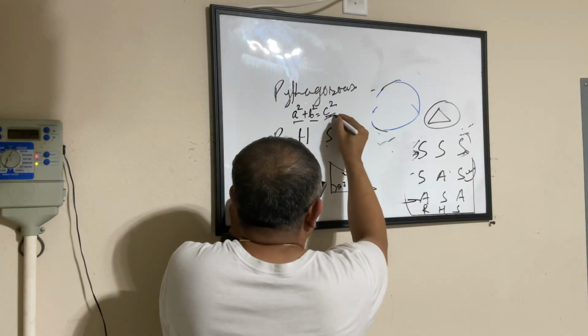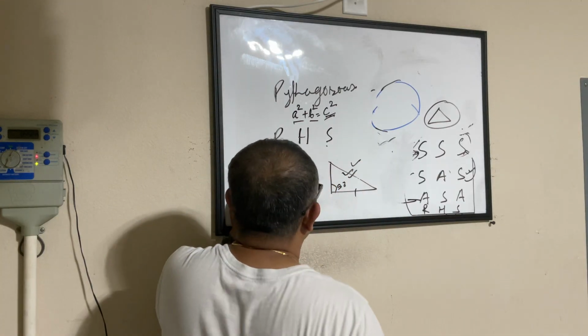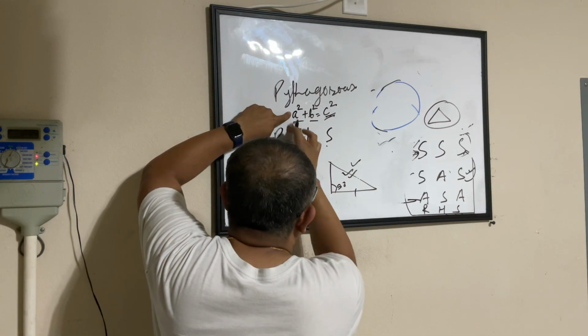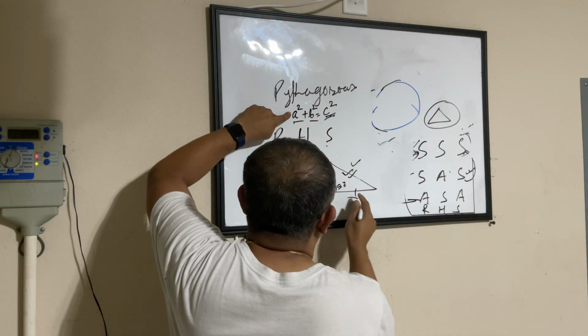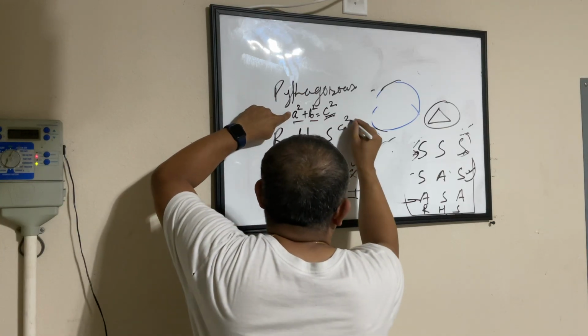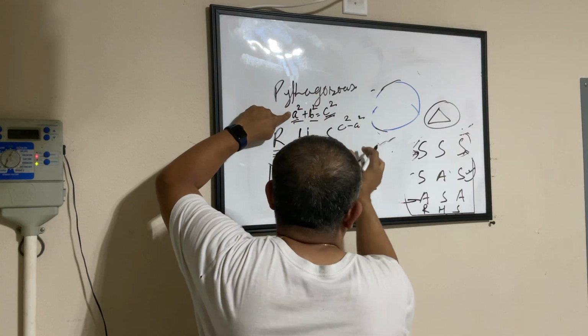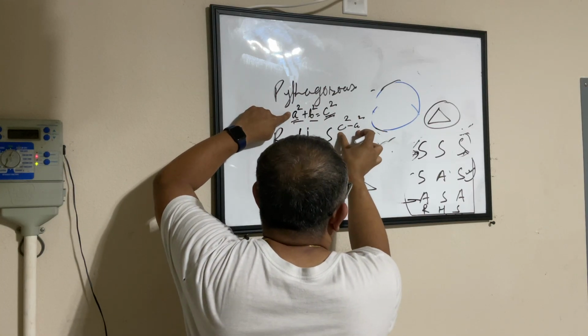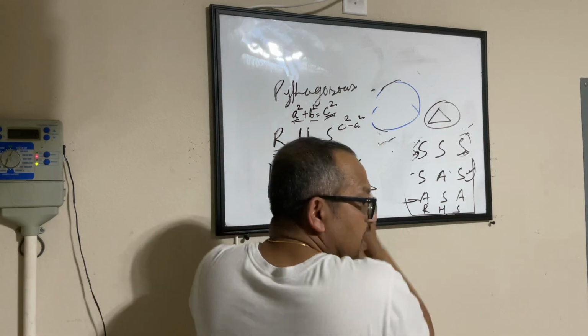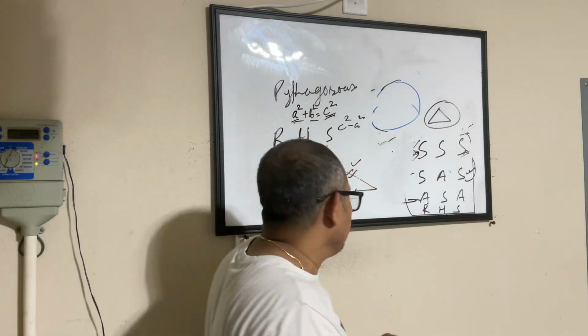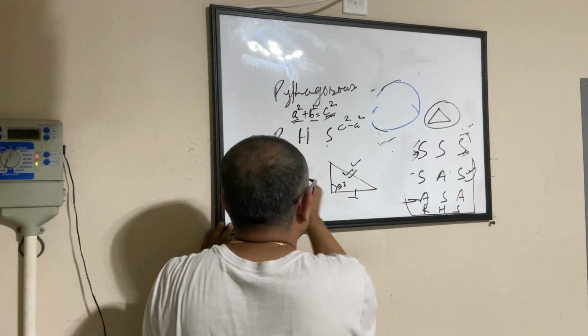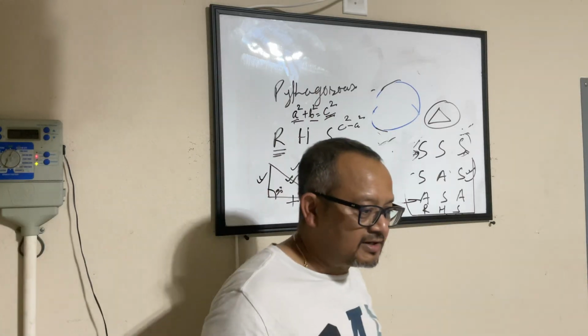Now your hypotenuses are the same, this and this are same. Your one side is the same, let's say this side and this side are same. So c square minus a square, and these two are same. If these two are same, no matter what, the value of b, the other side, will be the same. You cannot deny that.